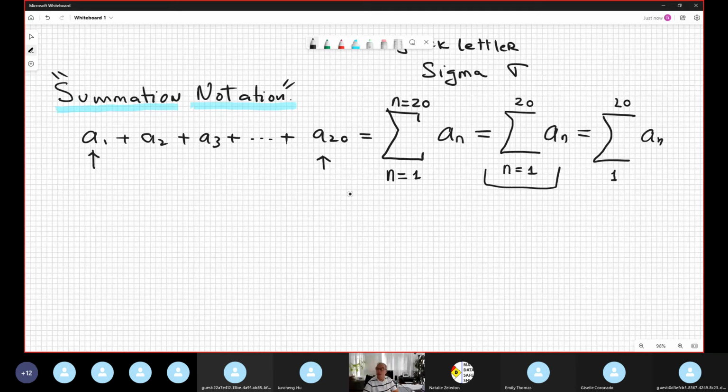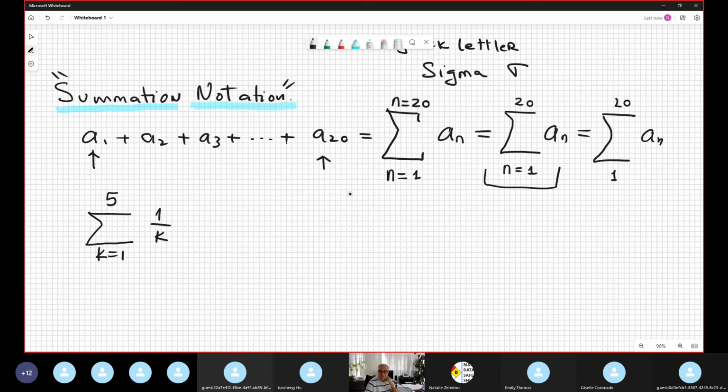Now let's do it with another example. I give you the summation notation and you expand 1 over k.